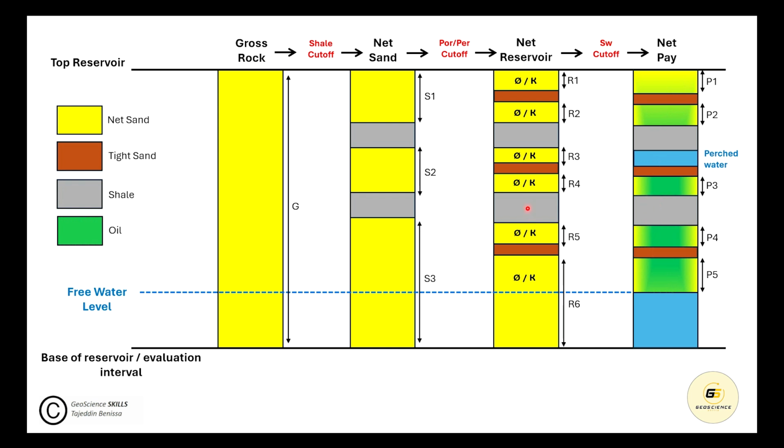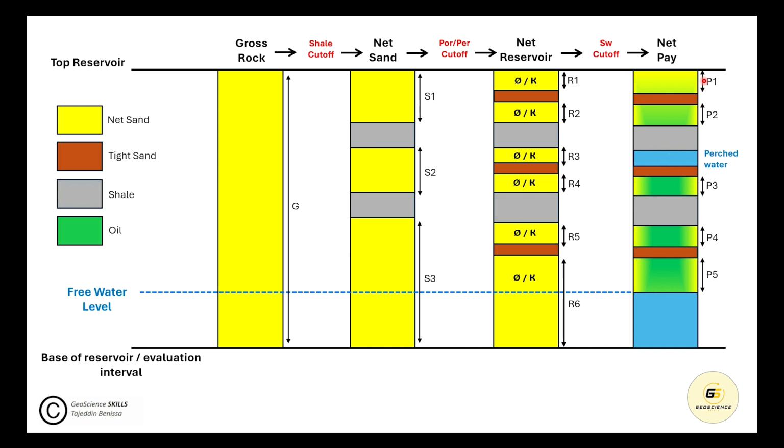So we may have net reservoir intervals with good porosity and permeability, but not necessarily all the intervals of net reservoir would have hydrocarbon storage or a good storage capacity or transmissibility or flow capacity, because sometimes there are net reservoir intervals but saturated with fluids other than oil like water, such as the intervals close to or below the fluids contact, like water below free water level, or the incursion of perched water in some intervals of net reservoir.